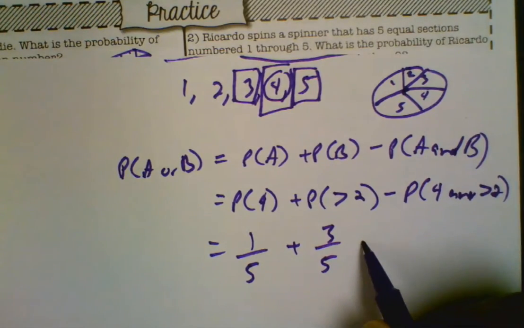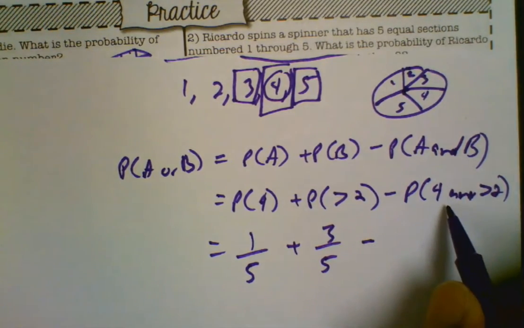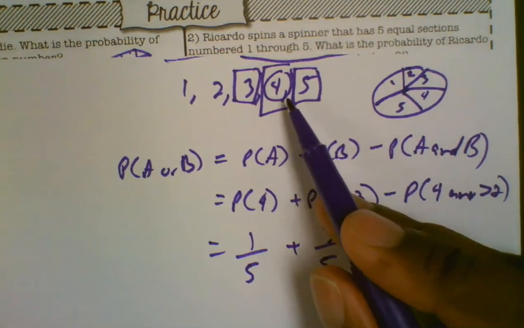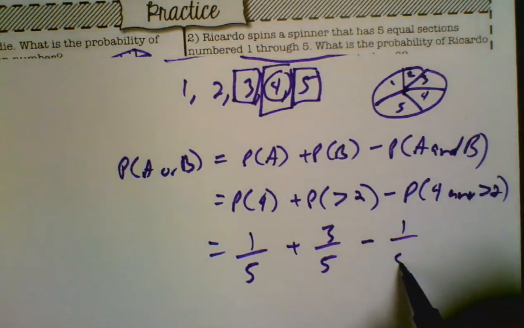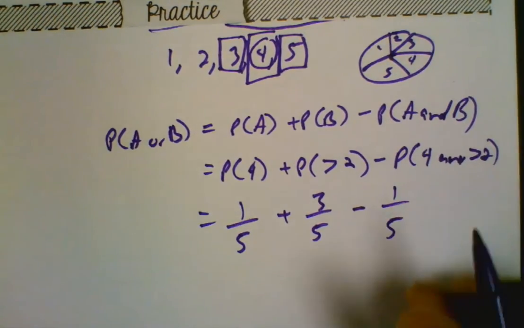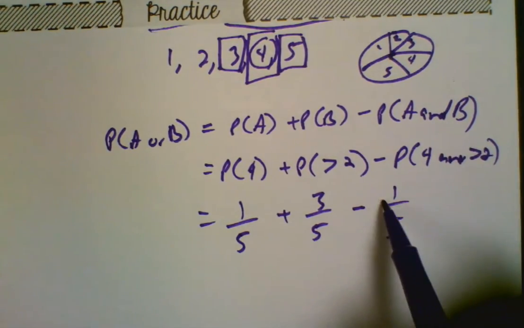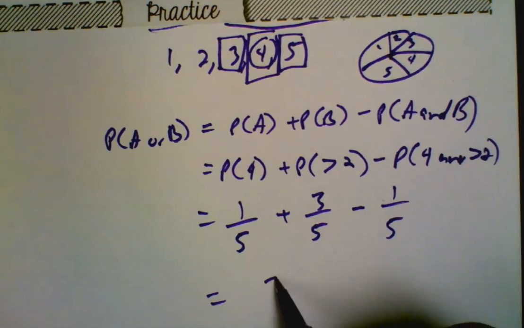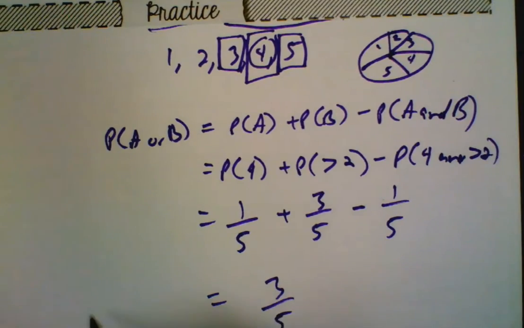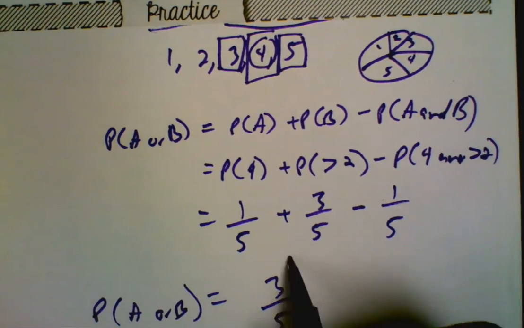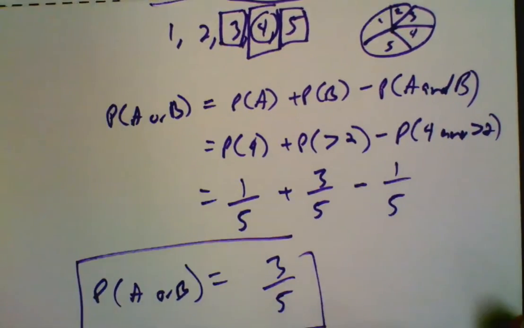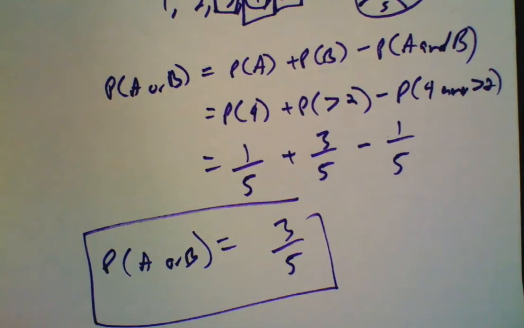And we take away the one that overlaps, and that's just the number 4, so 1 out of 5 here. These 1 out of 5s cancel each other out, basically, giving you just 3 out of 5. So the probability of both of those things happening in that overlapping event is 3 out of 5. That's all I have. Good luck.